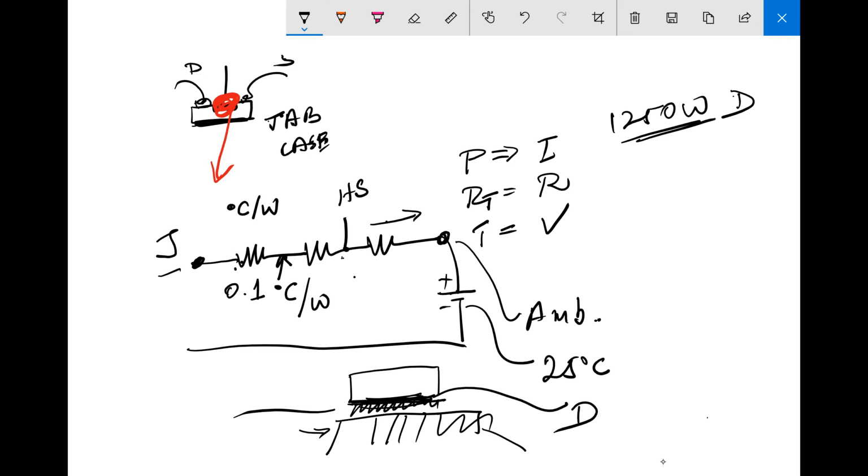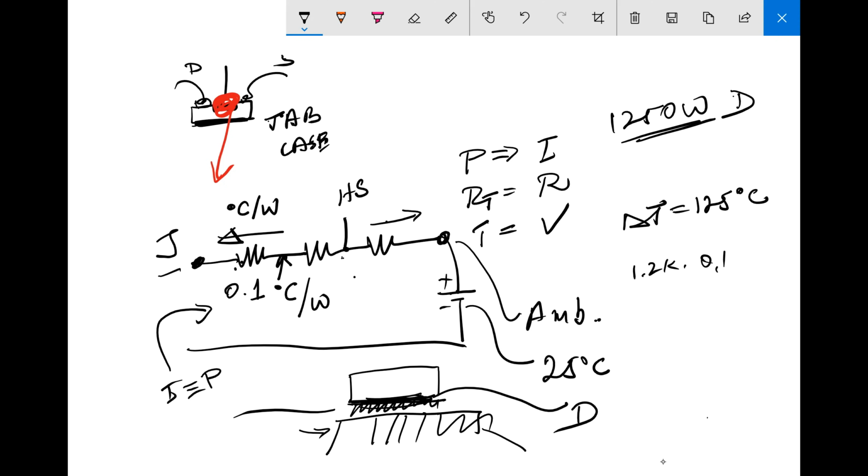So if the current, which is power, is 1.2 kilowatt, then the voltage drop or temperature drop will be 125 degrees centigrade, because it is 1.2 kilowatt times 0.1.